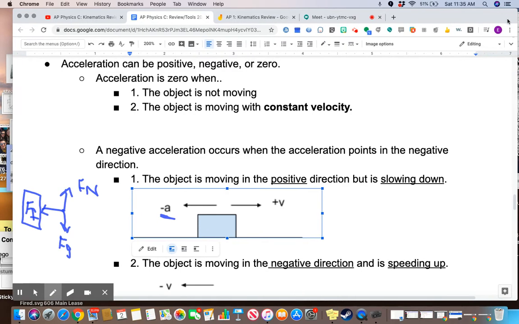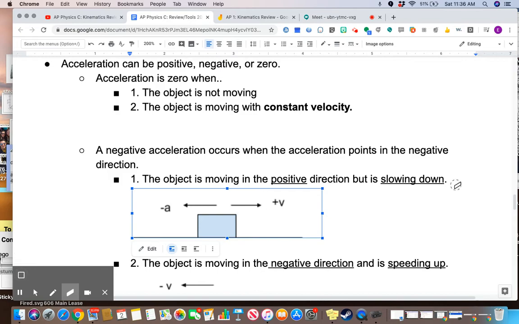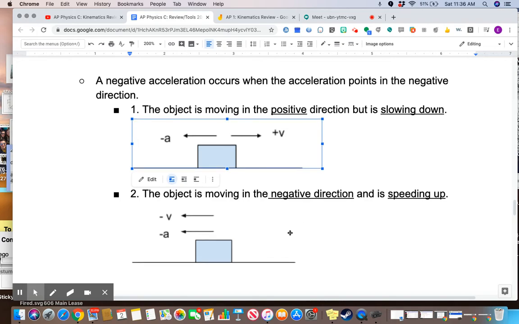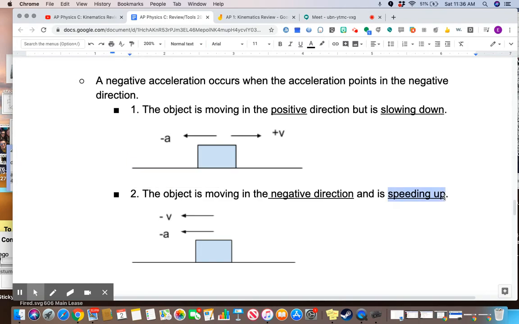If both velocity and acceleration point in the negative direction, then the object is moving in the negative direction, but it's speeding up. Okay, so acceleration can be negative, and the object can still speed up, as long as velocity and acceleration are in the same direction. So that free body diagram would most likely look something like this, right?